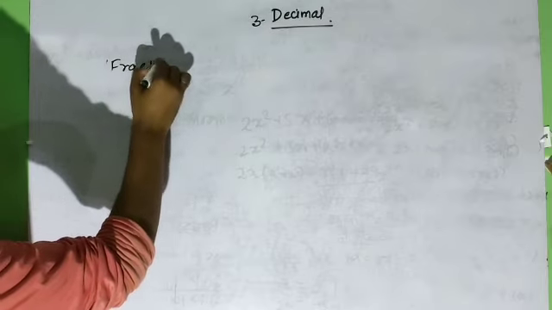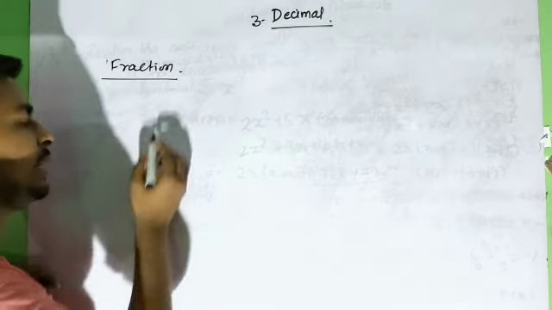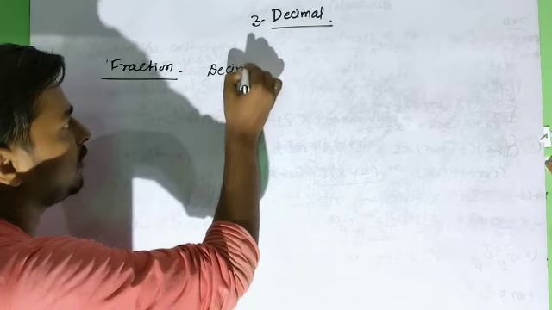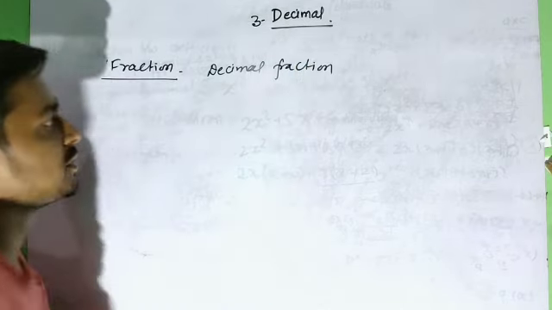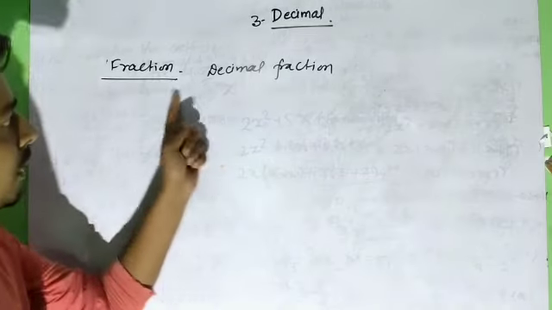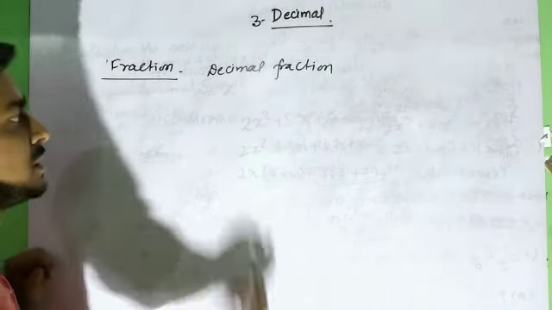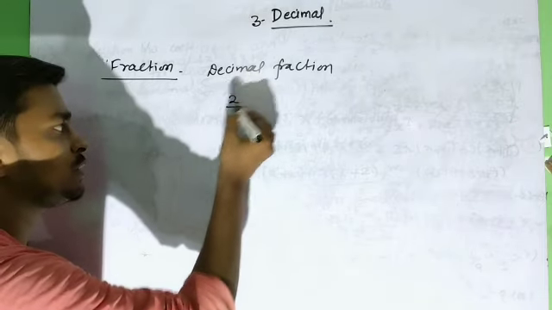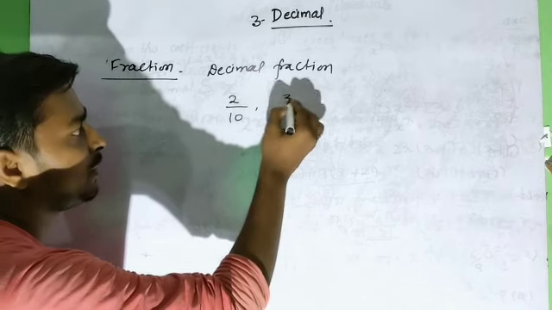We have studied types of fractions, and among them there was a type that is the decimal fraction. So this is a decimal fraction. What was the definition of a decimal fraction? Any fraction whose denominator is either 10 or a power of 10.